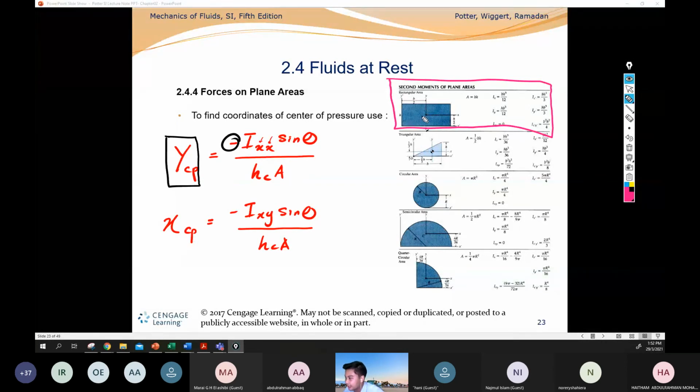I hope you can see. For this case, this is a submerged rectangular plane. When we deal with I_XX, it means the second moment of area with the moment in the XX direction. So can you see XX? For this case, I_XX is equal to b h cubed over 12.